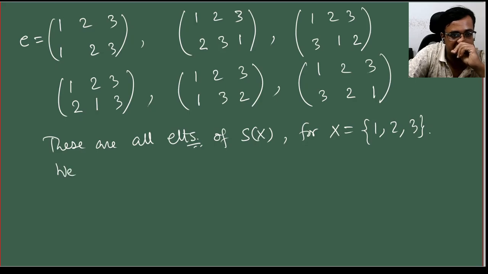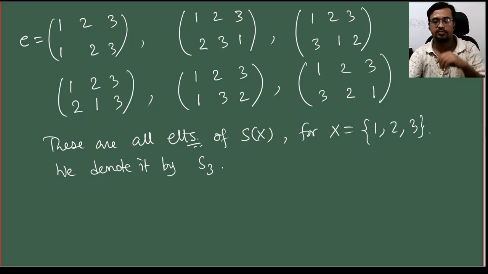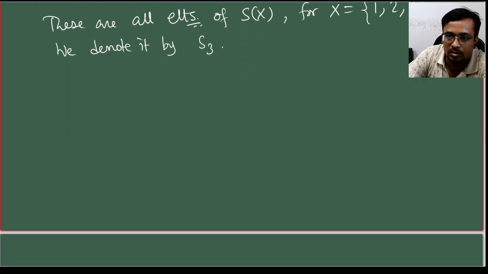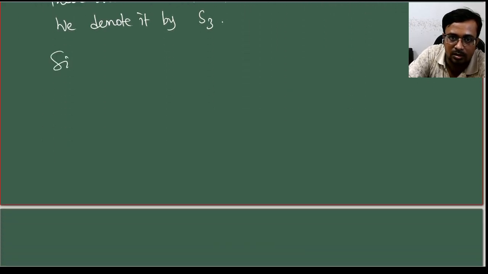We denote this by S3. Okay. Similarly, we can define bijective maps between any set containing n elements.